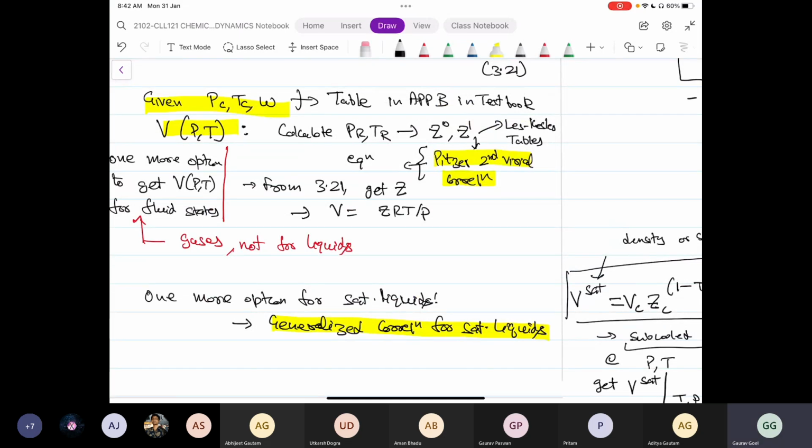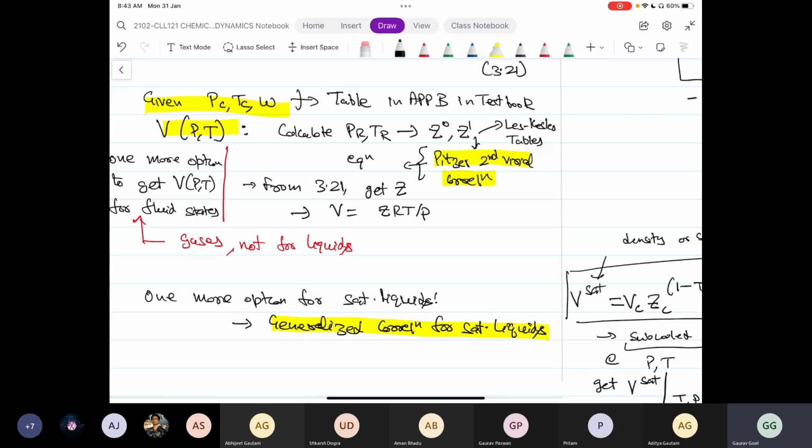Pitzer second virial for a limited range of P and T, Lee-Kesler for a larger range of P and T. Again, there is a graph given in the book which tells you the region of validity of Pitzer second virial correlations by comparing them to Lee-Kesler. Lee-Kesler are more accurate, but Pitzer second virial can sometimes be easier to use because they are in terms of analytical equations, whereas Lee-Kesler are tabulated. This is a reason why Pitzer second virial are also finding utility.